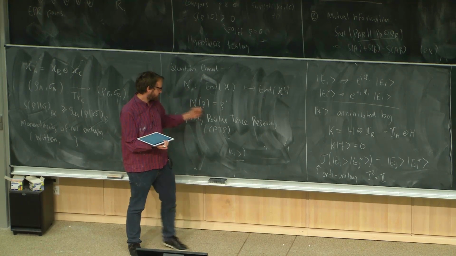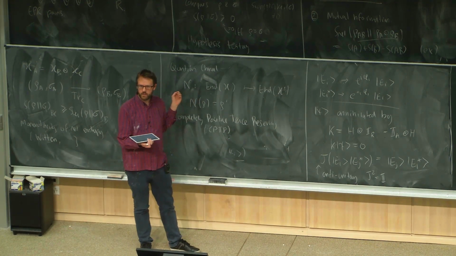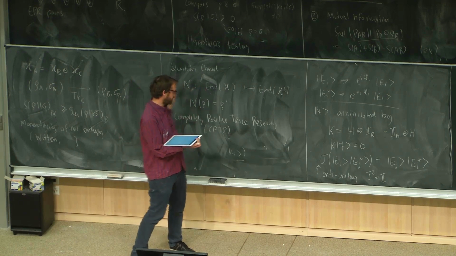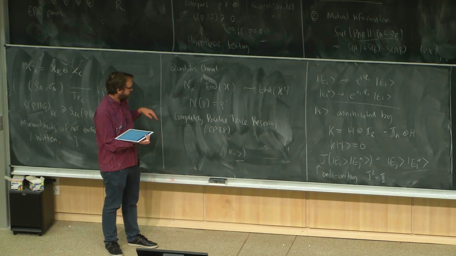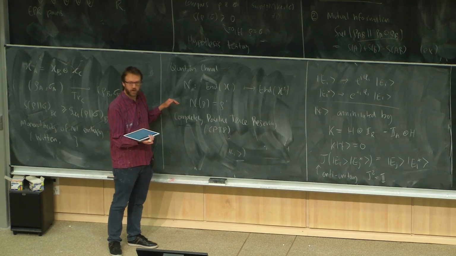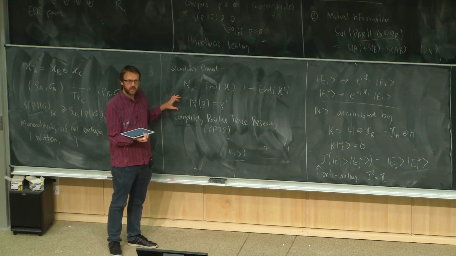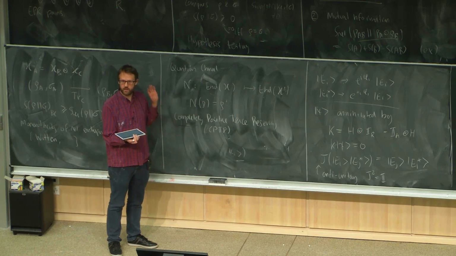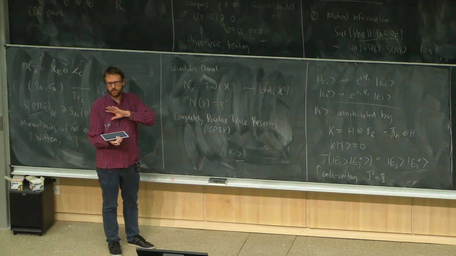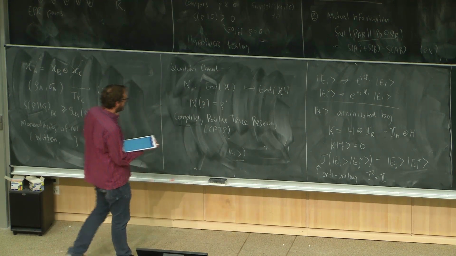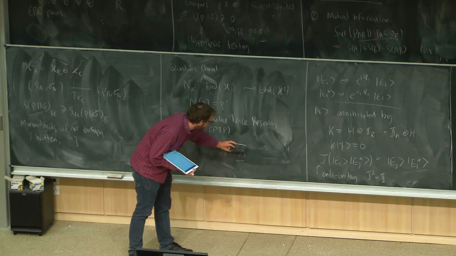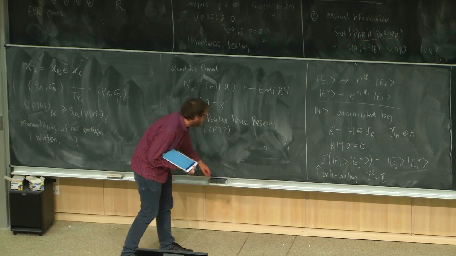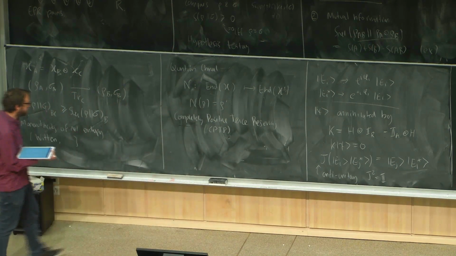Trace preserving means that it preserves the norm. Those are two physical things that you would expect it to do. The completely positive condition is a bit more subtle. It means that this map has to preserve positivity of the density matrix even when you entangle your state with an auxiliary system. That's actually a non-trivial statement. It makes physical sense, but there are channels which are positive but not completely positive.